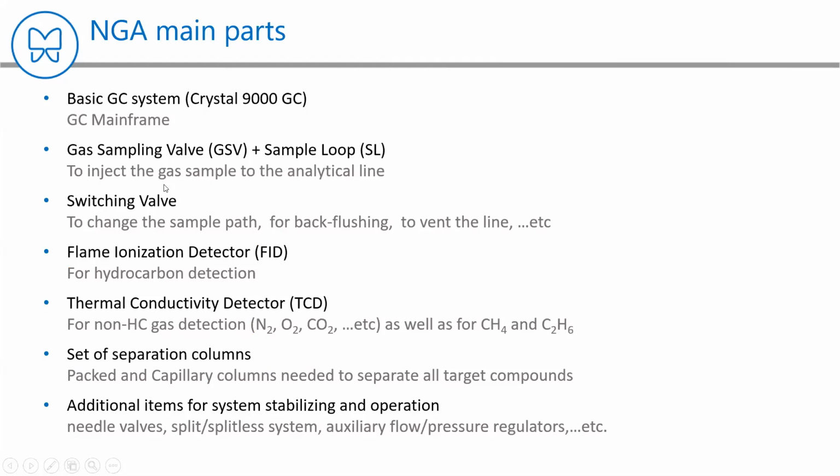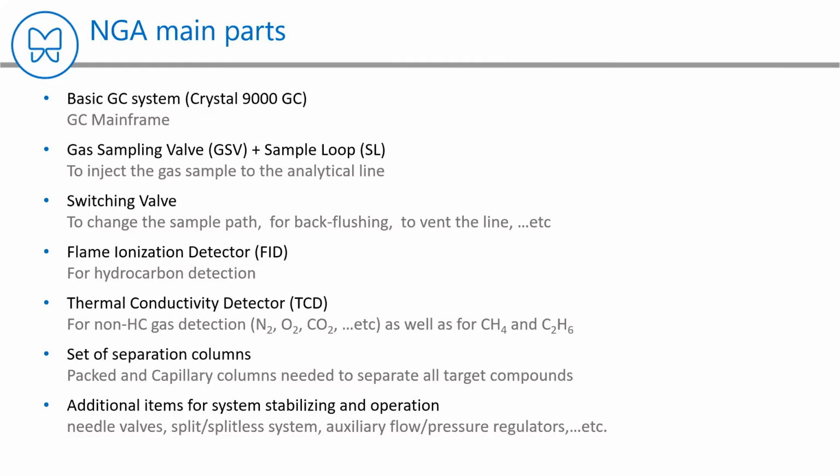So what exactly do we need for a natural gas analyzer? Of course, at least we need one GC. Then we need a valve or valves with sample loop, small wires, to inject the gas sample to the GC, because we cannot inject gas sample using a syringe.